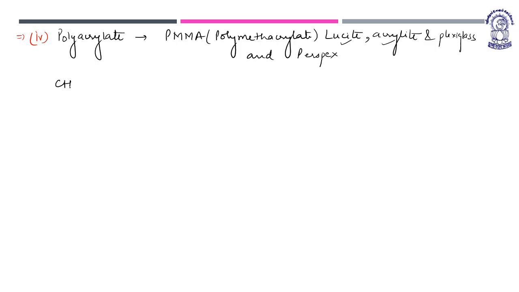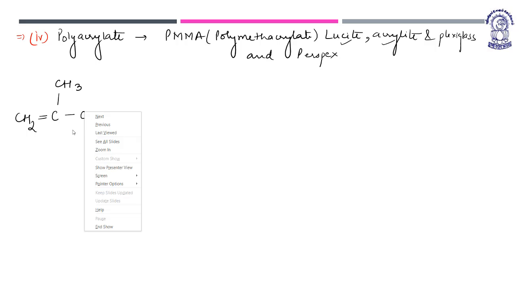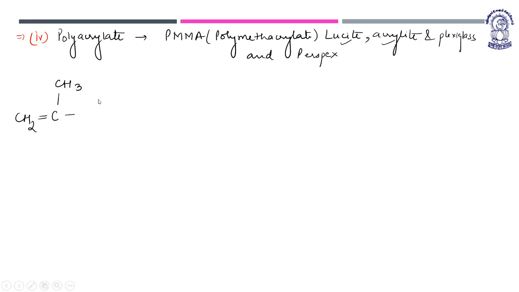The monomeric unit is methyl methacrylate. It is a copolymer.